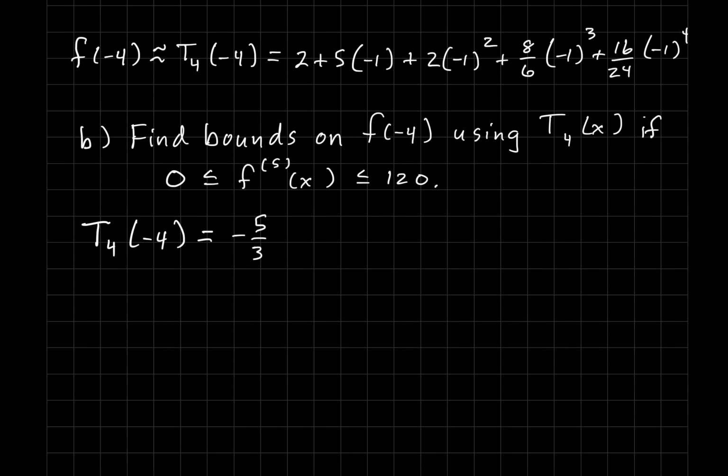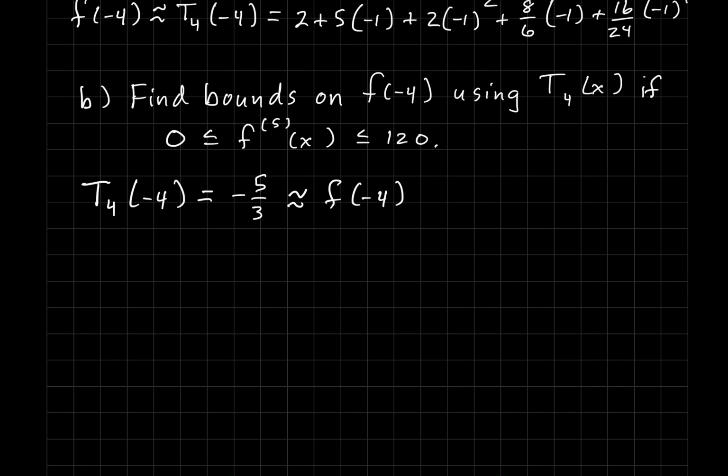So what are the bounds on f of negative 4? Because remember that this is the approximation for my function at negative 4. It's not the exact value necessarily, and probably not the exact value. Well, I know that the remainder, using my fourth degree polynomial, is less than the max, 120, given right here, times negative 4 plus 3 to the next power over 5 factorial.